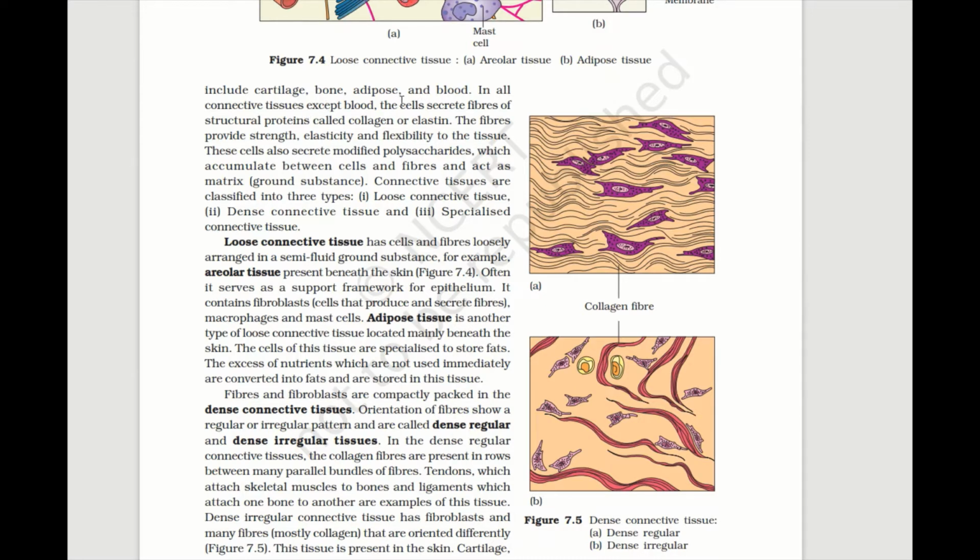In all the connective tissues except blood, the cells secrete structural proteins called collagen or elastin. In blood tissue we do not have these, whereas in other tissues we have structural proteins called collagen or elastin. These fibers provide strength, elasticity and flexibility to the tissue.